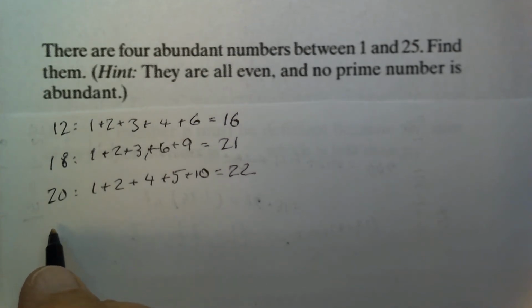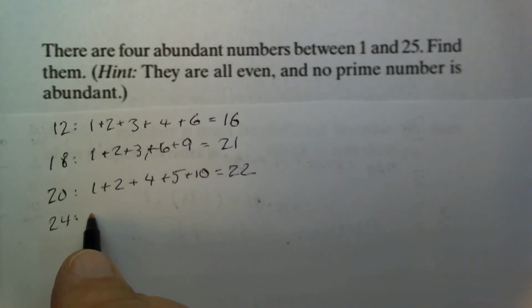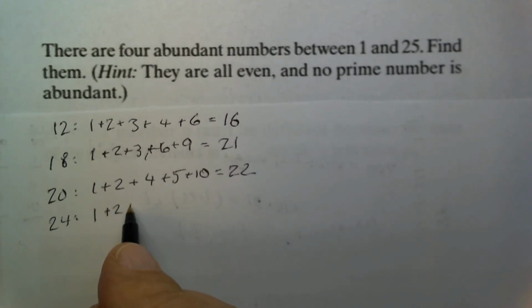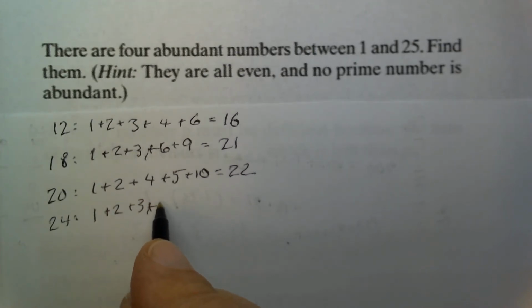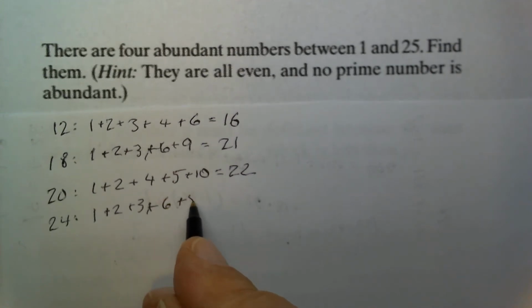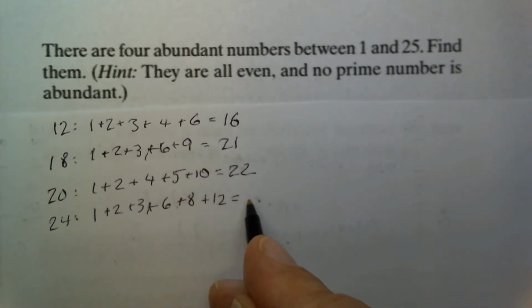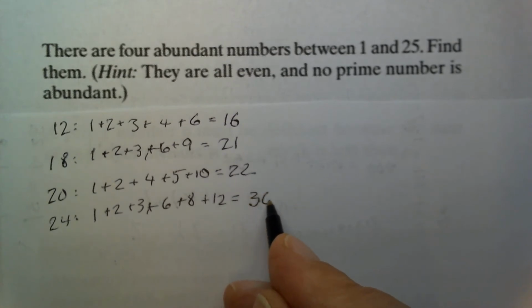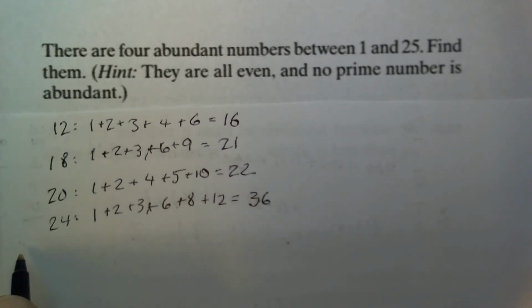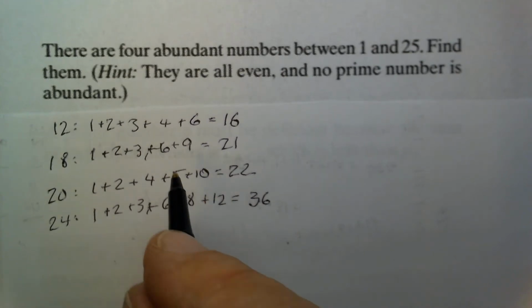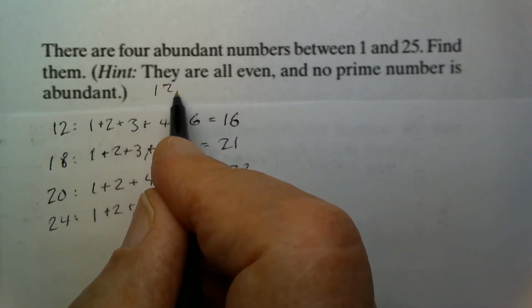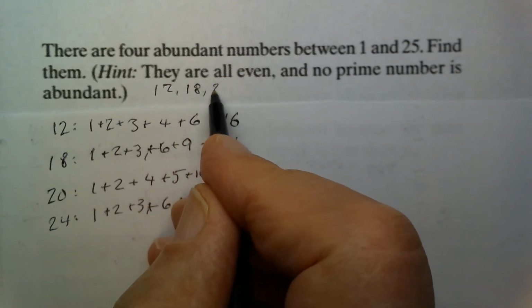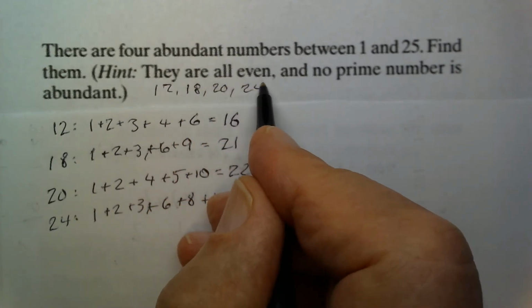And then 24: its proper divisors are 1, 2, 3, 6, 8, and 12, and that adds up to 36. So it is certainly an abundant number also. So these are the 4 abundant numbers: 12, 18, 20, and 24.